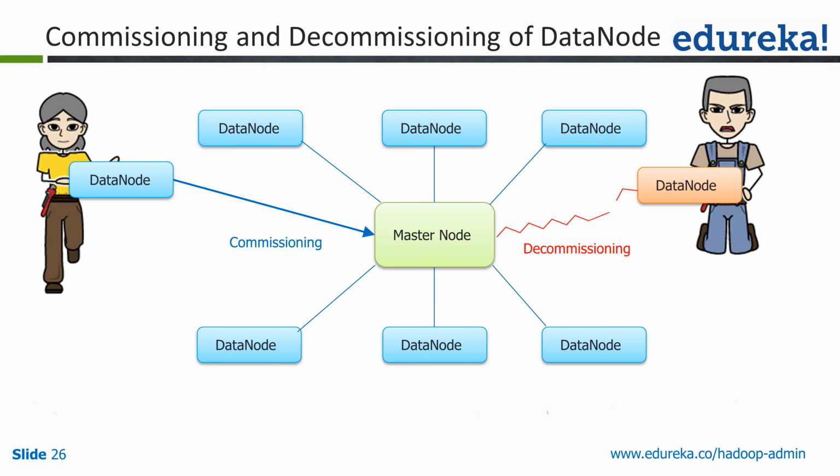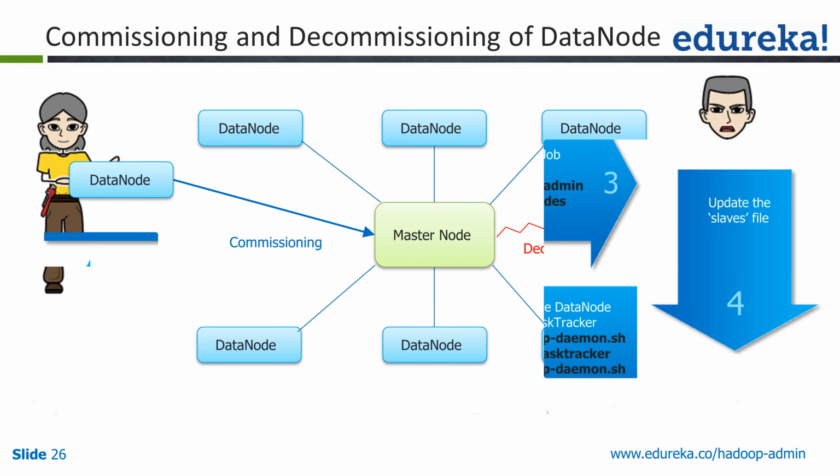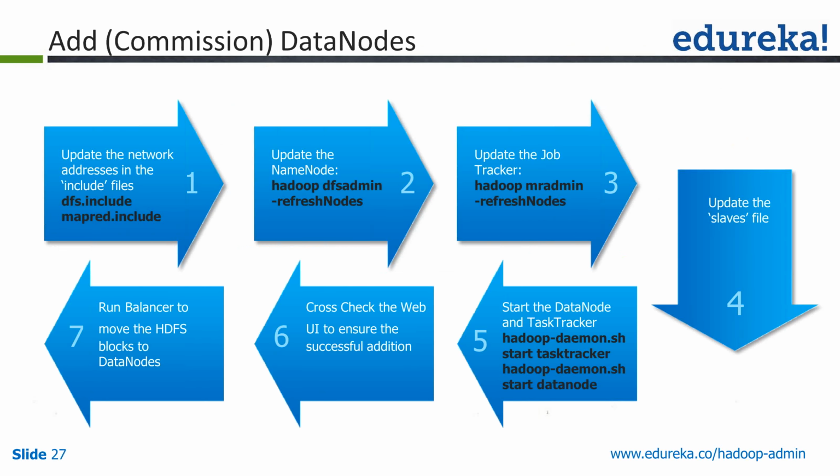How will you decommission those data nodes from the cluster, and then how will you balance that cluster? How your cluster will be balanced is another important, challenging activity. So we have just written some steps on the fly: how will you add or commission new data nodes in the Hadoop cluster?